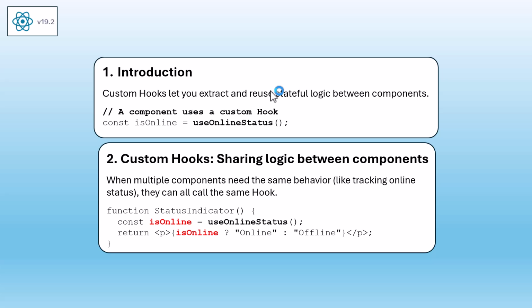2. Custom hooks. Sharing logic between components. Imagine your application needs to reflect a user's network status. You want to detect when the user goes offline or returns to online, and you want your UI to respond accordingly. You might build several components that duplicate very similar logic, a piece of state tracking whether we're online, and a side effect that listens to browser events for online, offline changes.